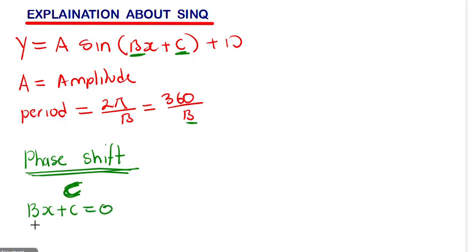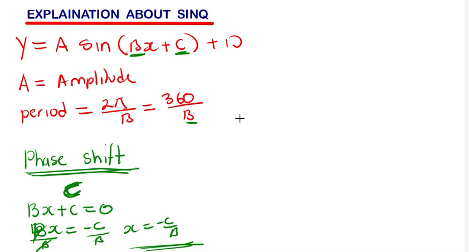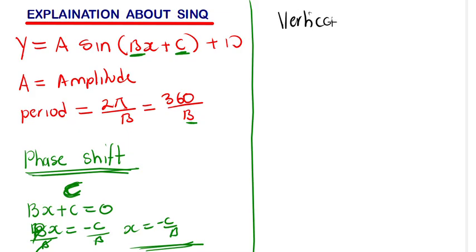So bx equals negative c, then over b, so x is equal to negative c over b. So that is how I calculate the phase shift. But when it comes to the vertical shift, things change. So we have also what we call the vertical shift.